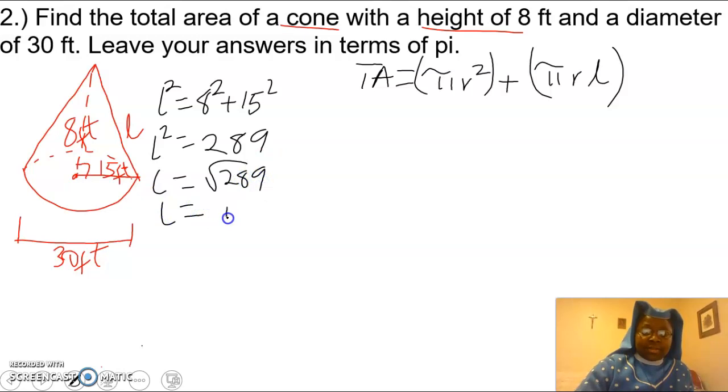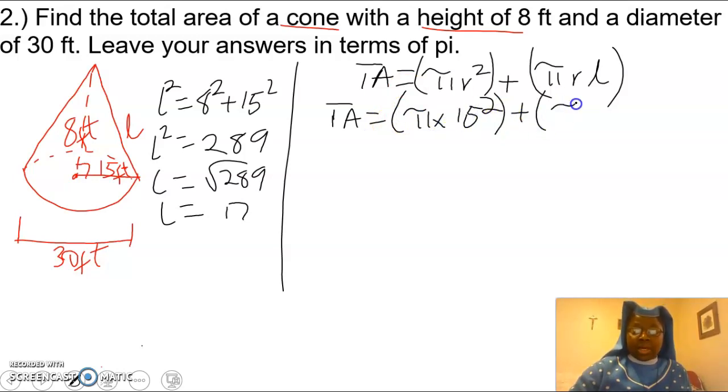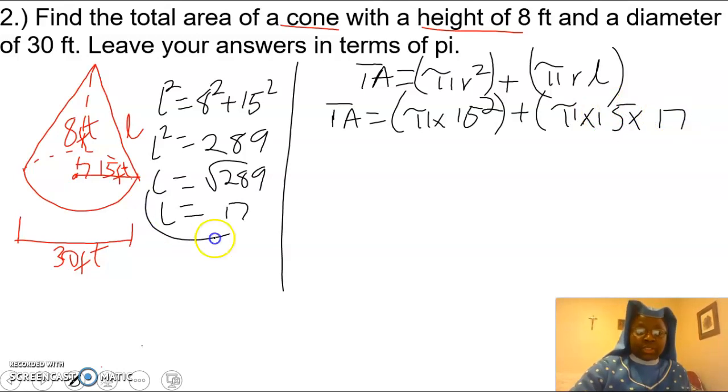We get 17. So now we have it. We can plug it into our formula. So pi times the radius, 15, squared plus pi times 15 times the slant height, which we just found, which is 17.